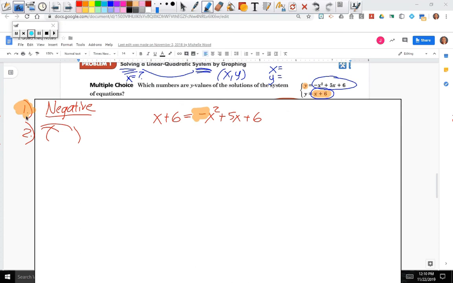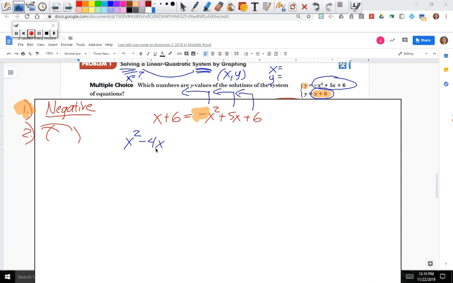So to limit mistakes, you should move this to the left, so that the coefficient in front of the biggest power of x is positive. Here we go. So what would I get? X squared, move everything, right?